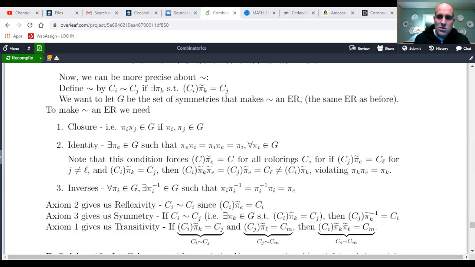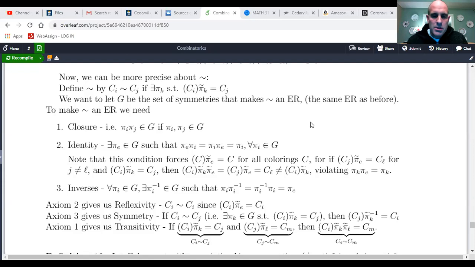We consider two colors to be equivalent. That's what this first line is right here. These two colors are equivalent if there is a permutation, pi k, that induces a permutation on the colorings, pi k twiddle, such that pi k twiddle applied to Ci gives you Cj. So it operates on Ci and moves it to Cj.